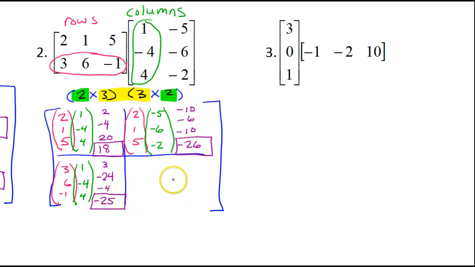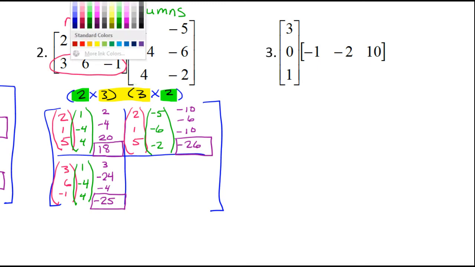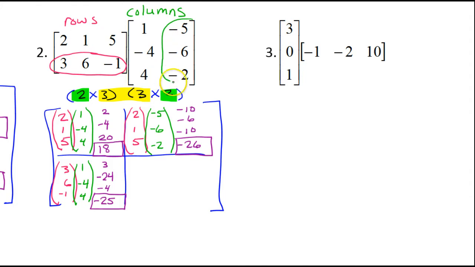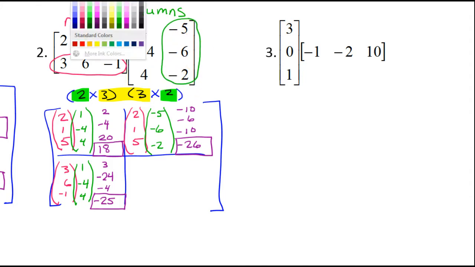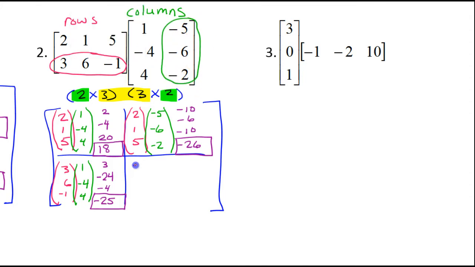If I want to find this entry right here, I need to recognize that this entry is in the second row and the second column. That means I need to multiply the second row times the second column. Okay, so the second row, I'm talking 3, 6, -1. And then the second column, that is -5, -6, -2.